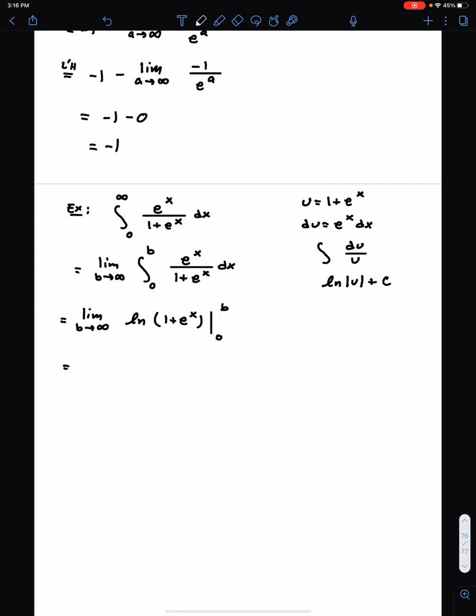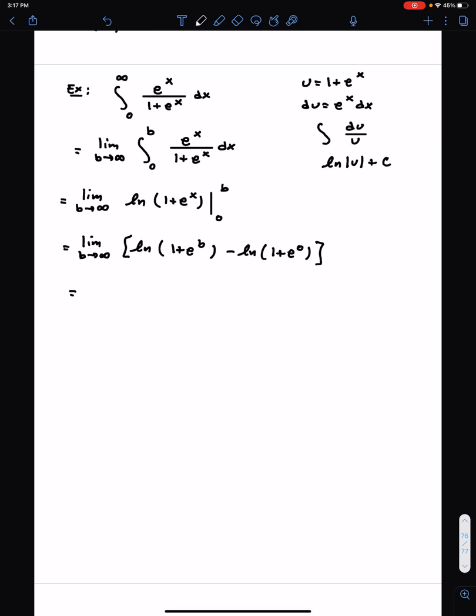Evaluated at 0 and b. So the limit as b approaches infinity, if I plug in b, natural log of 1 plus e to the b, minus natural log of 1 plus e to the 0. So if I take a limit as b approaches infinity, e to the infinity is infinity, plus 1 is still infinity.